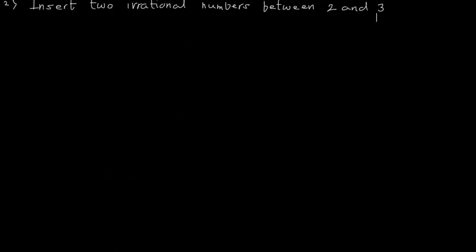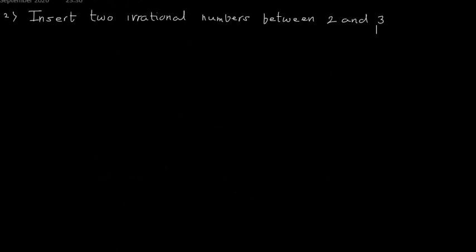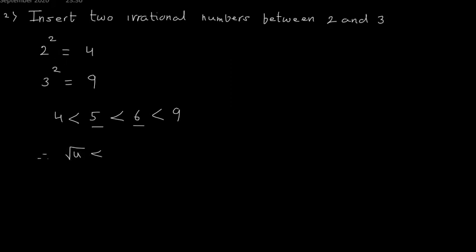Now the next problem, we have to insert two irrational numbers between 2 and 3. So the same way I can do: the square of 2, 2 square is 4, and the square of 3, 3 square is 9. Now 4 is less than 5, which is less than 6, which is less than 9. So these are the two numbers. So therefore I will say that the square root of 4 is less than the square root of 5, which is less than the square root of 6, which is less than the square root of 9.